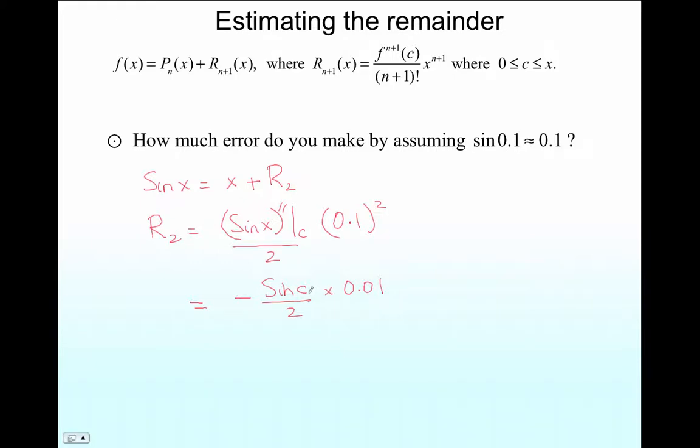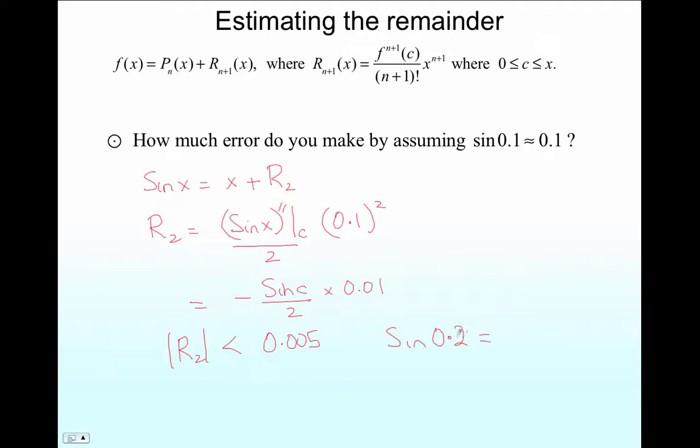All I need to know is that sine of c is less in value than 1. And so the magnitude of R2 is going to be less than 0.005.